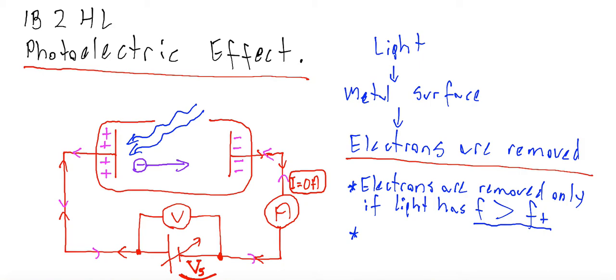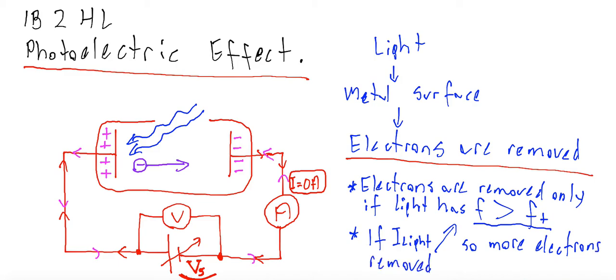Okay, so Einstein found that if the intensity of light is bigger, then he registered more electrons removed, so bigger current in the circuit. So more electrons removed. So current in the circuit bigger. Okay, with the same voltage needed to stop it.